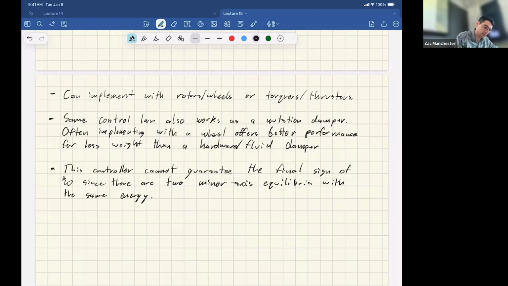Now we're going to talk about actual actuators. So it's thrusters, reaction wheels, CMGs, which we'll probably get to in a little bit. And so we need mappings from the actual U's, the actual actuator commands, into rho and tau.